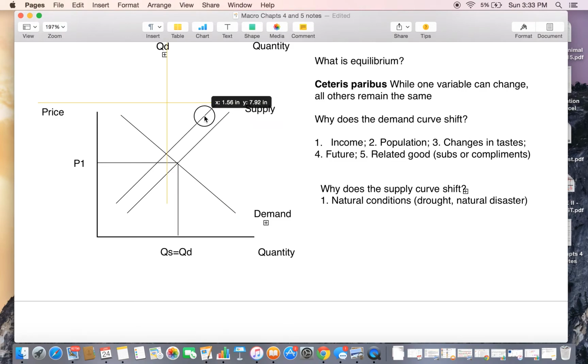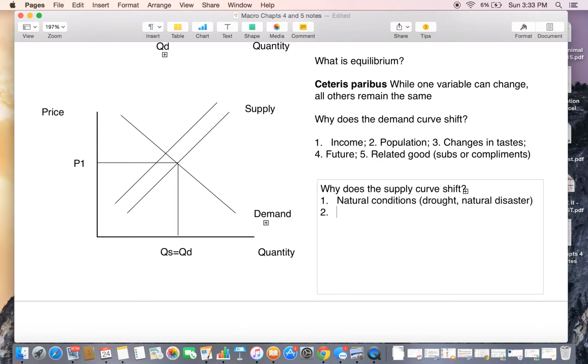So that drought would represent a shift in the supply curve to the left. Droughts tend to be a really good example that you'll see in a lot of exam questions surrounding agriculture. So I would like to highlight that as you take notes for your exam.